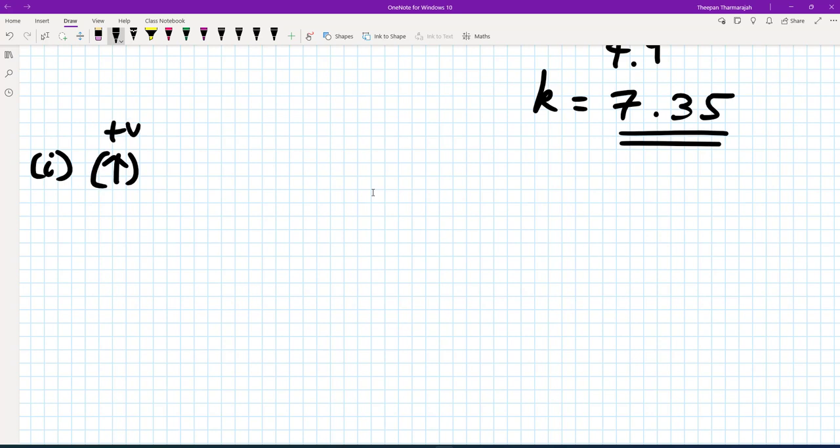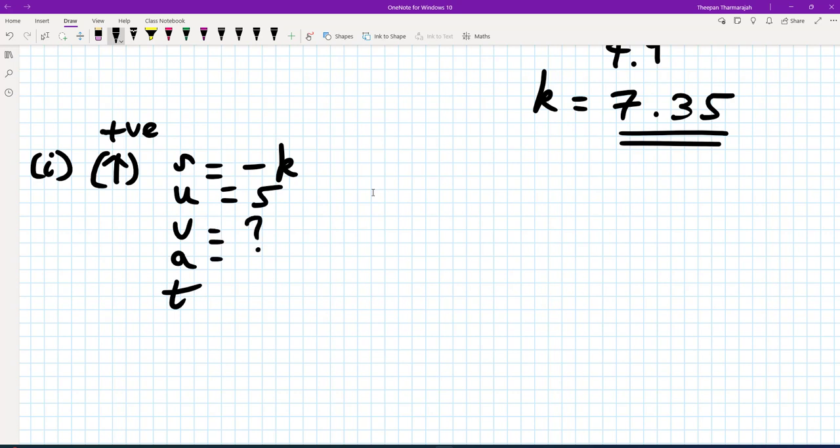So we're going to do a suvat again, taking upwards as positive. So s is minus k, u is 5, we need to find the velocity, and a is minus g.